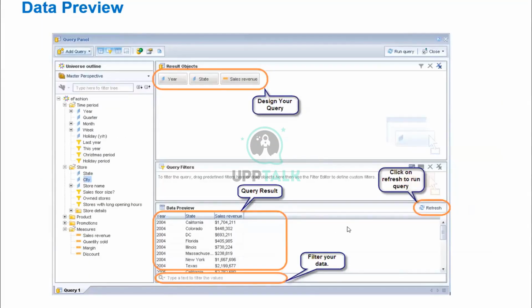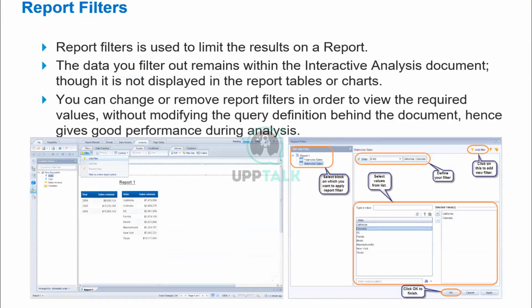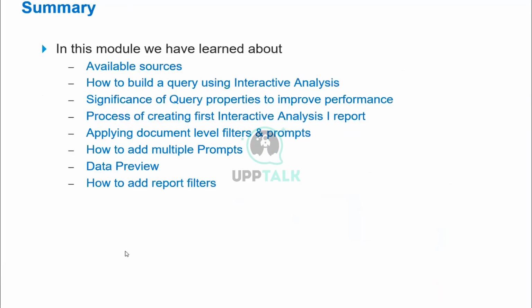These are the different options, as I just told you, after working on query or document level filters. These are the report level filters, which are available inside our reporting layer. We can add different filters for different blocks inside a single report also.